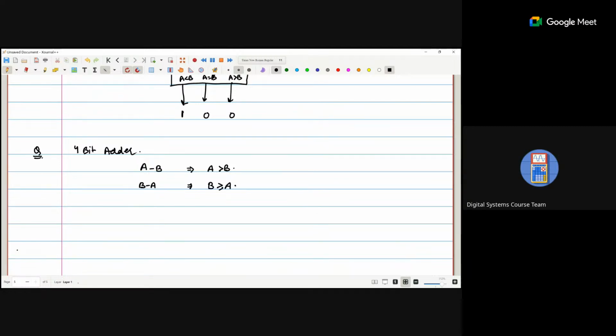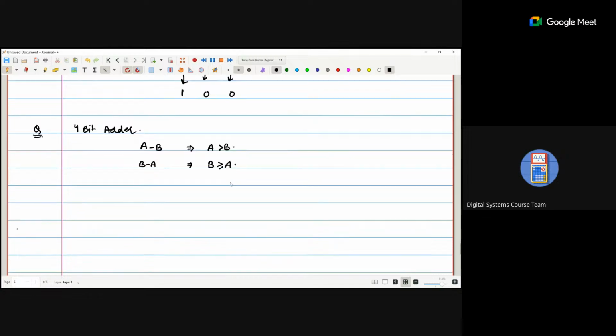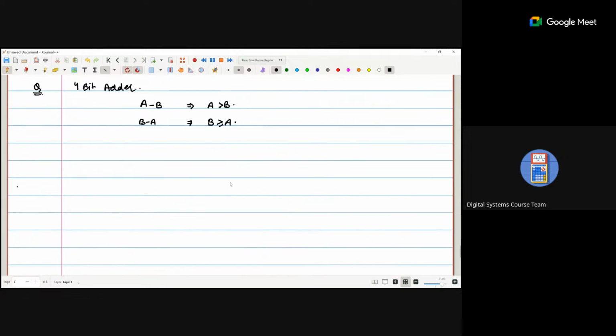Okay. The thing is that we required a comparator. So I'm just considering this is my comparator. There, this is the A data, B data.